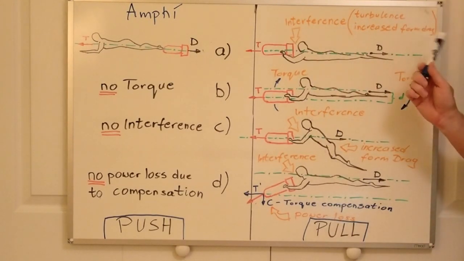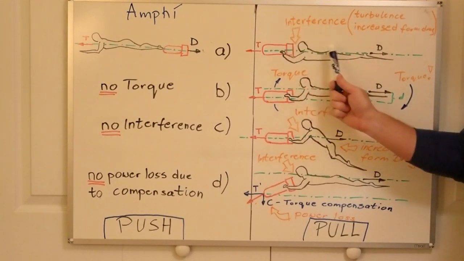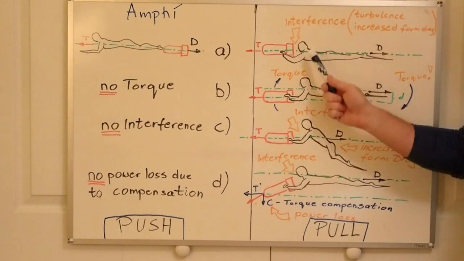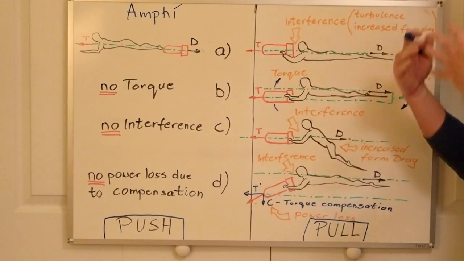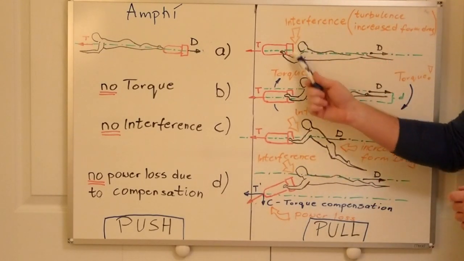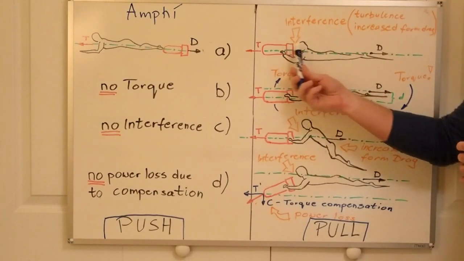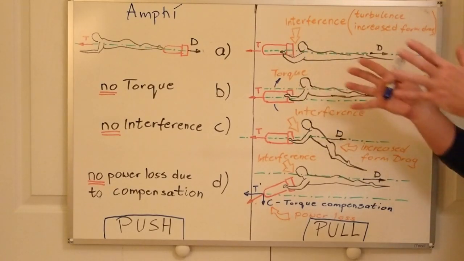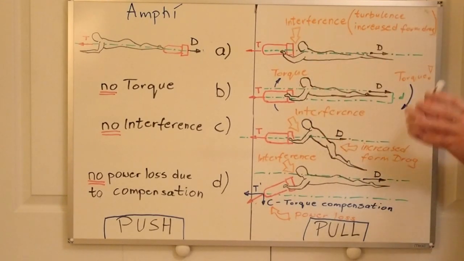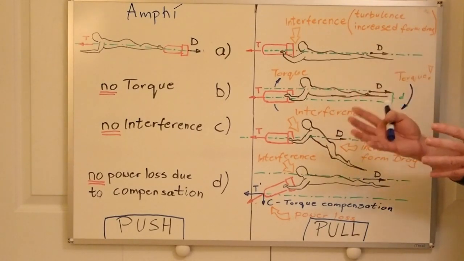The problem with this configuration though is that between the thruster here and the front part of the swimmer's body, there's a lot of interference. And by interference I mean water hitting the face of the swimmer and causing turbulence, causing fast velocity which goes around the swimmer's body. And as we remember from our previous presentation, drag increases with the square of velocity.